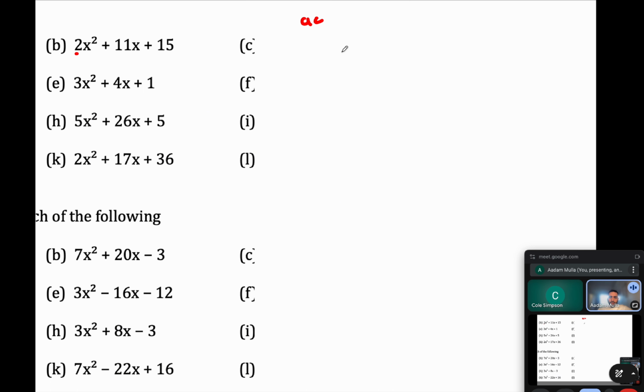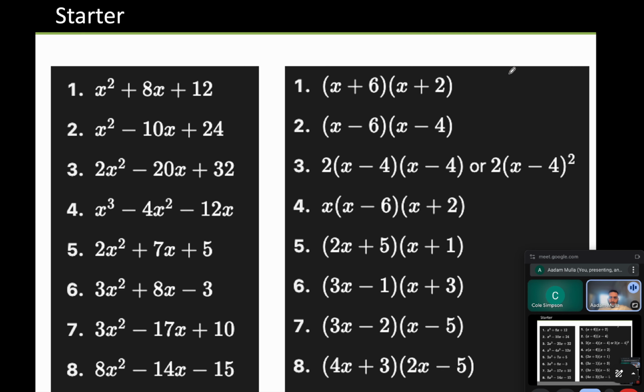So I'm going to do 2 times 15 first, which is 30. So I'm looking for two numbers that multiply to make 30, and they're going to add to make this 11. So it's kind of similar to how you do these ones. You look for two numbers that multiply to make 12, and they have to add to make 8.